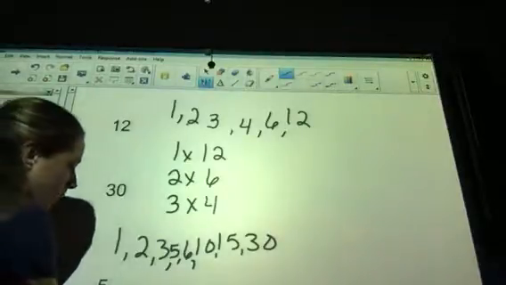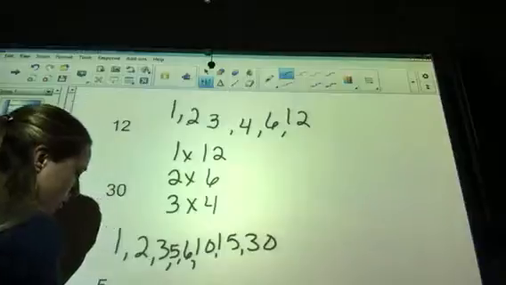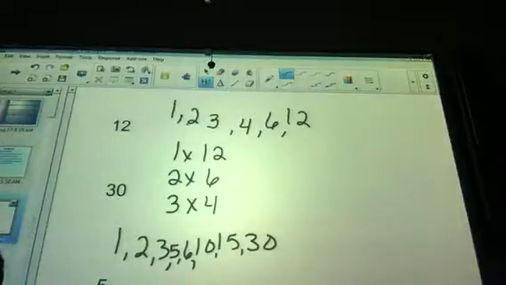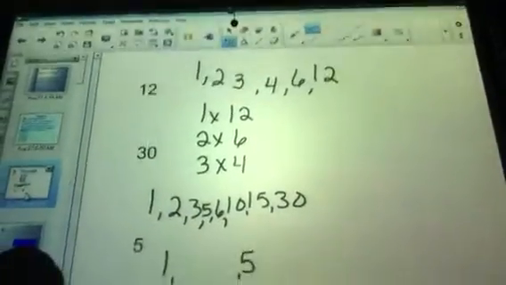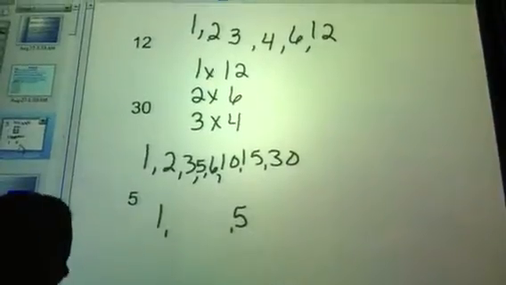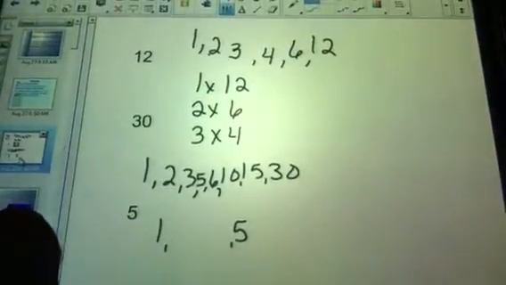Let's try 5. I know 1 and 5 are factors. 2 times anything? No, because 2 times 2 is 4. 3 times anything? No, because 3 times 2 is 6. 4? No. So, if you have a number that's only 1 and 5, then you know that that number is prime.